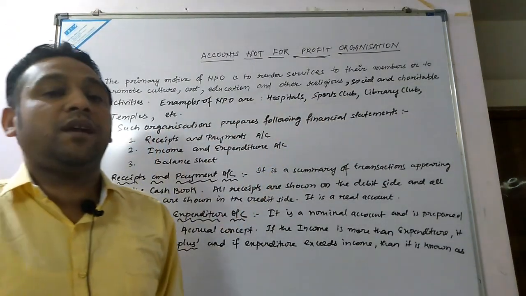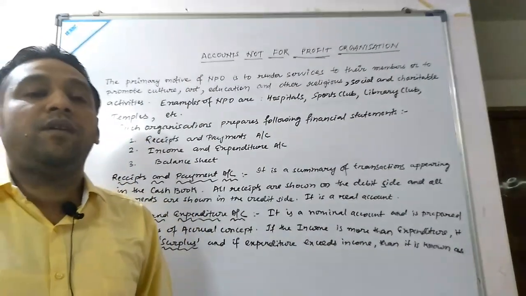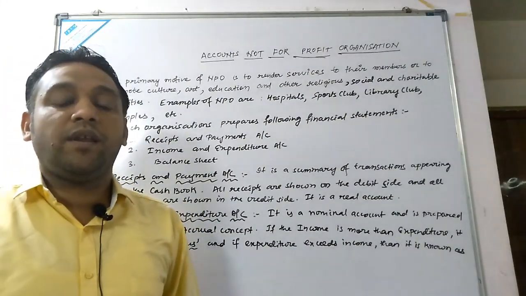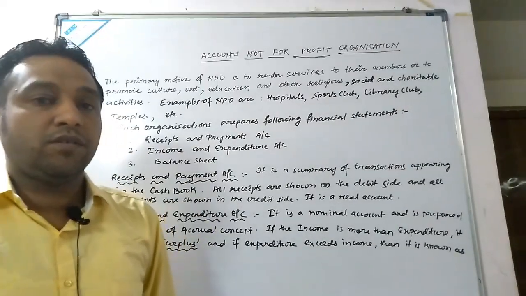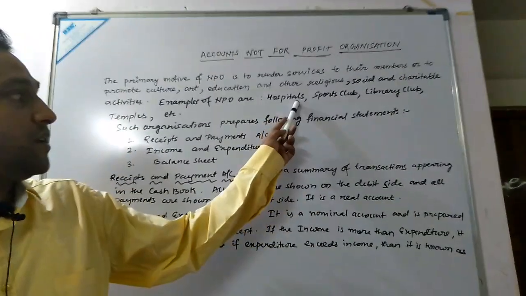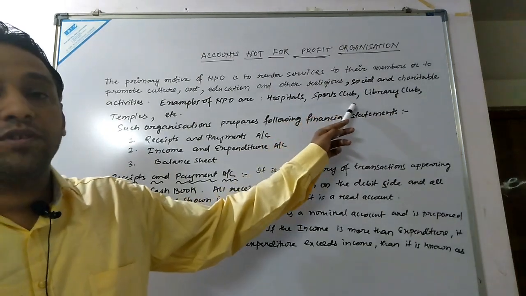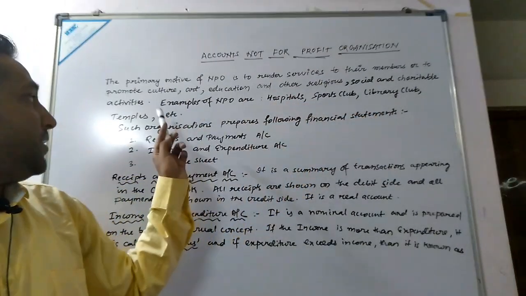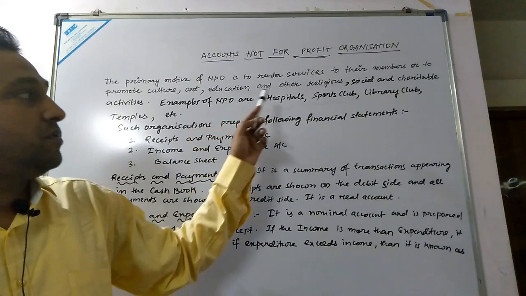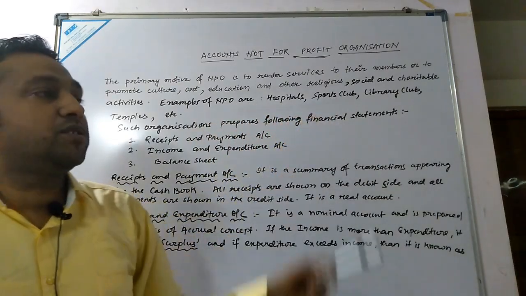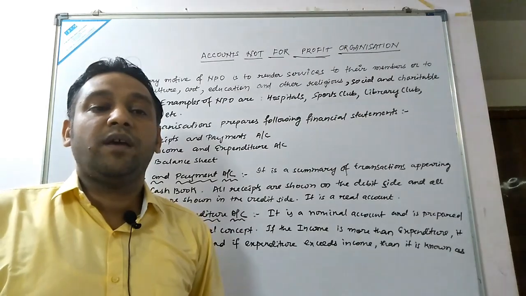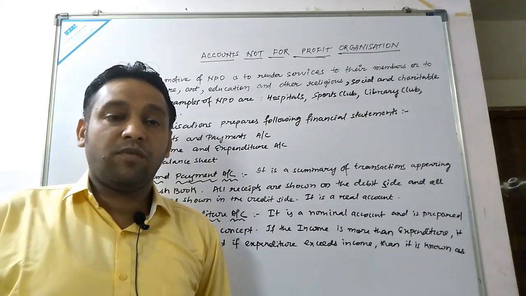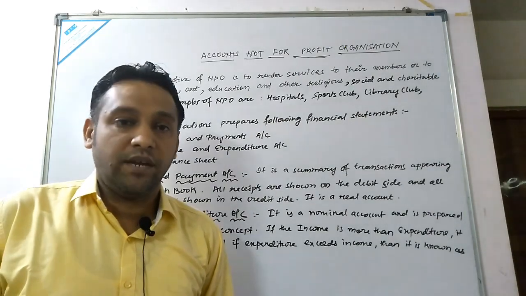That means these organizations are working not for profit, but for a service motive. A few examples of NPO: hospitals, sports clubs, library clubs, temples, etc. These are all charitable institutions, those who are working not for earning profit, but their major objective is to provide welfare for the society.